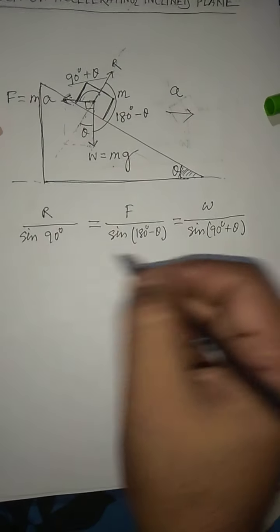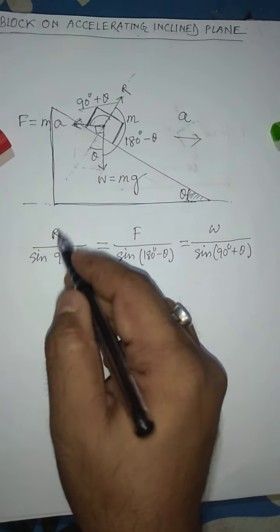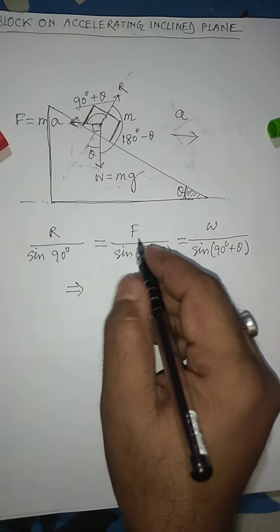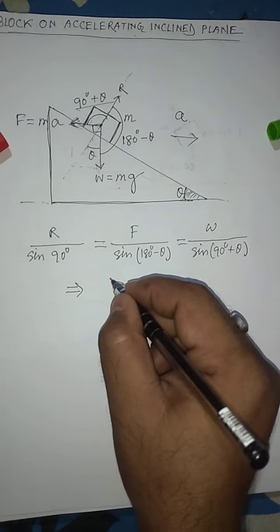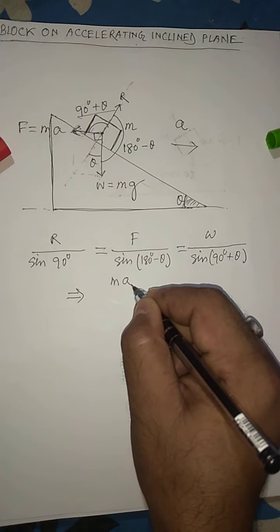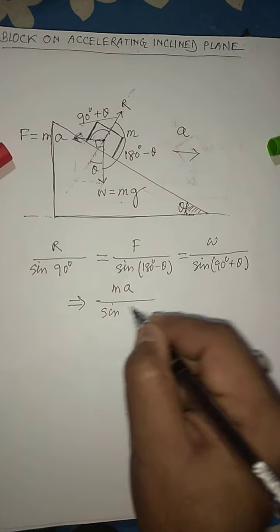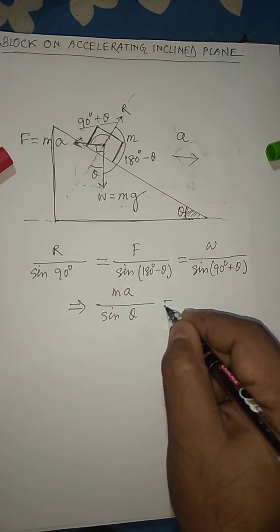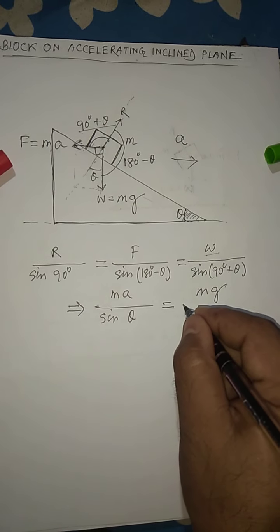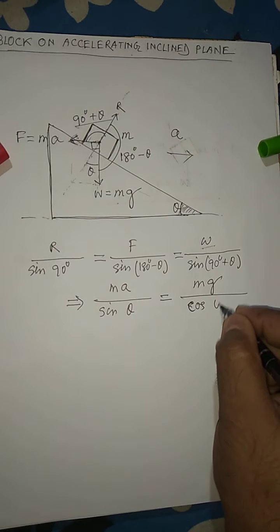From this equation, we eliminate the term that includes R. In the next line, we write in place of F, mA divided by sine theta is equal to, in place of W, we write mg divided by cos theta.